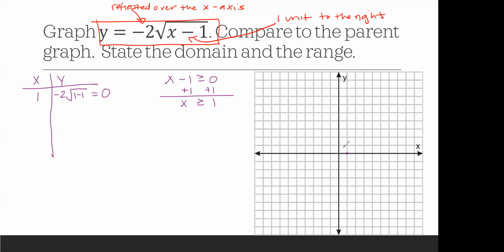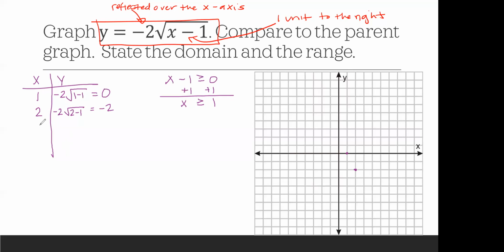Now I'm going to plug in 2, because 2 minus 1 is equal to 1, and 1 is a perfect square. And 1 times negative 2 is negative 2. So when x is 2, y is negative 2. And I'm expecting my graph to be below the x-axis because this tells me it's reflected over the x-axis.